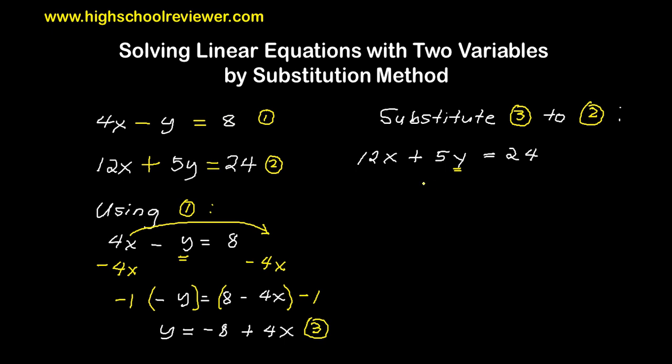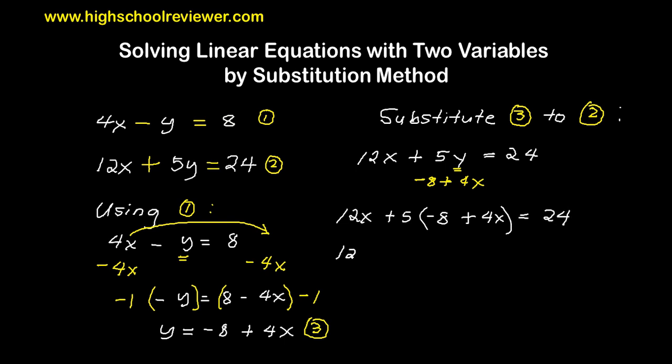Instead of y, we are going to put here negative 8 plus 4x. Substituting into our equation, this will now be 12x plus 5 times y. Our y here is negative 8 plus 4x, and this will be equal to positive 24.